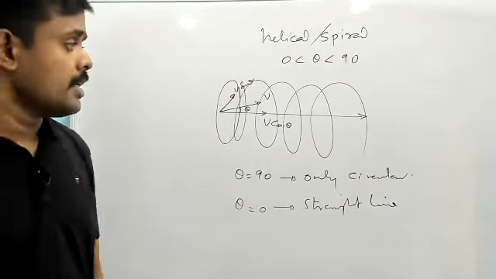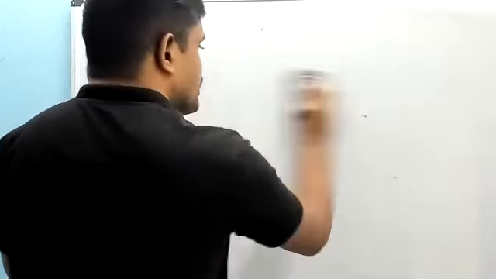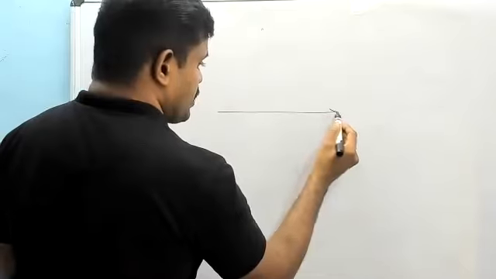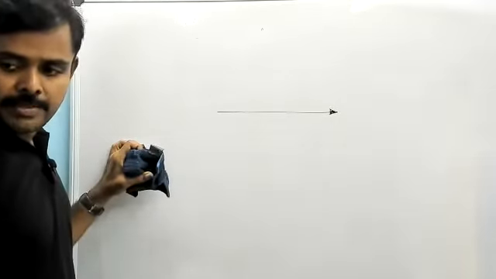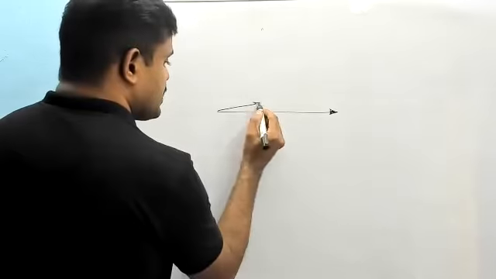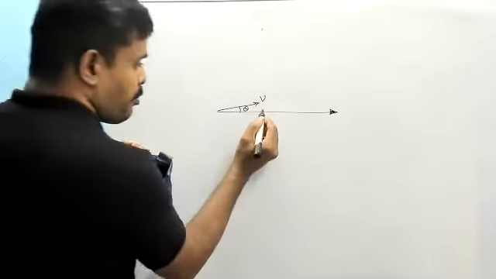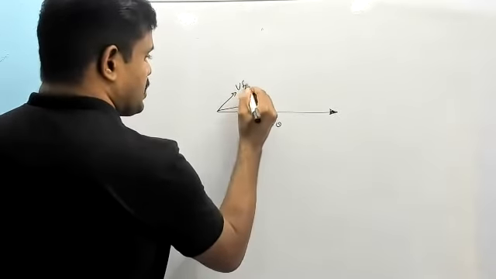I'm repeating this. We have a charged particle. We have done this many times in class. This is a magnetic field line, and a particle is entering at an angle theta with a velocity v. Then split that velocity into two components, v cos theta and v sin theta.